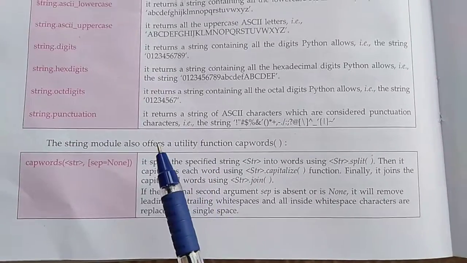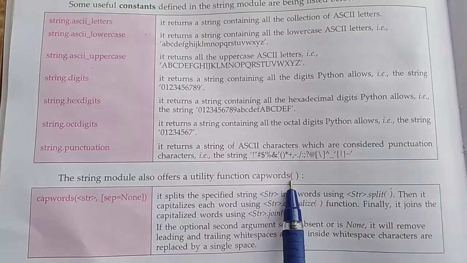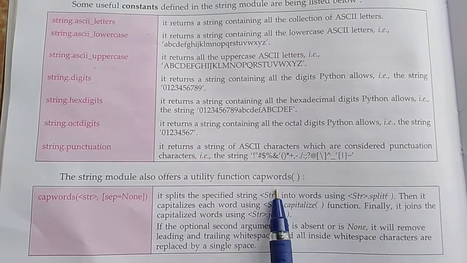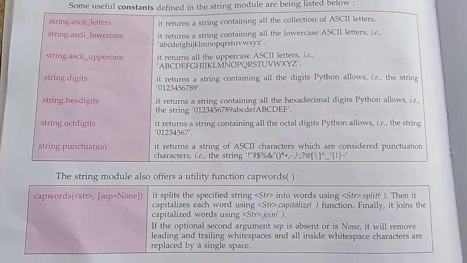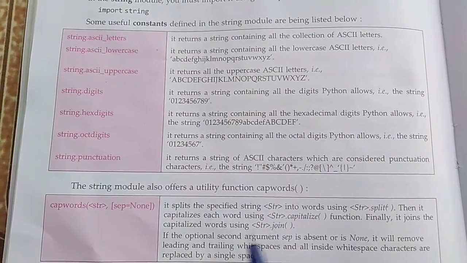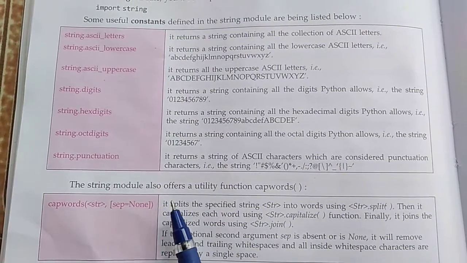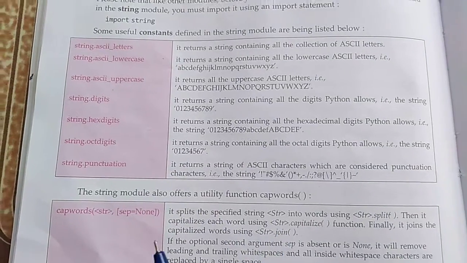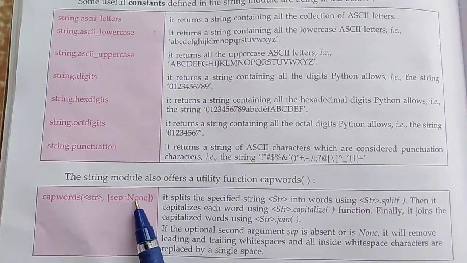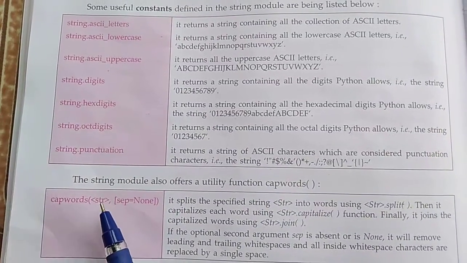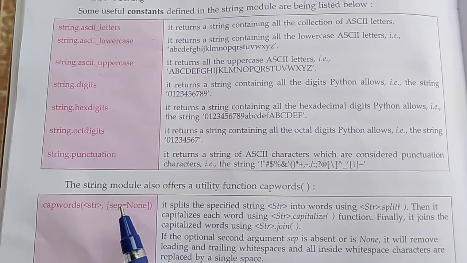Now we have one function: string.capwords. Capwords is a function used to capitalize each word in a string. We can have one statement or one paragraph, and among those words, each word will be capitalized by the capwords function. It takes two arguments: the string whose words we want to capitalize, and the separator.